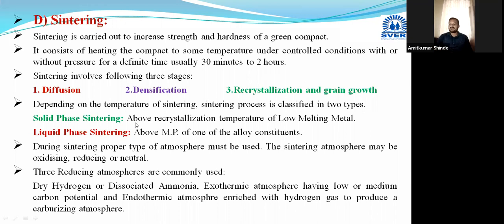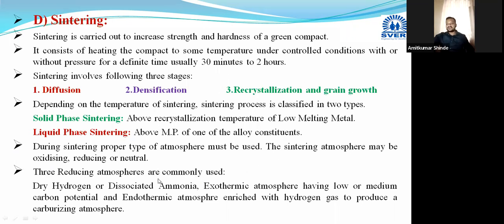Whichever metal powder we are using, such an environment is used which does not affect or make any changes in that metal powder.